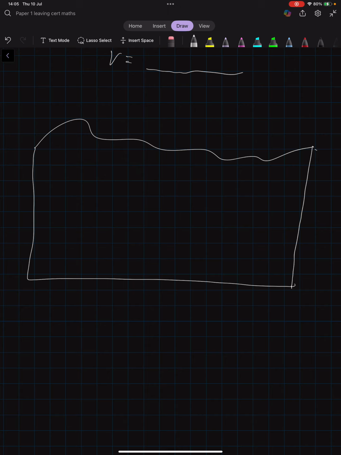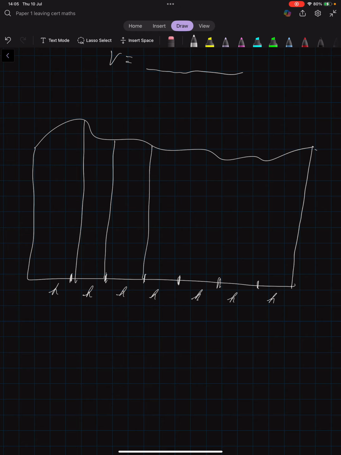But what you can do is put little gaps here, where all of these have a length h. And you can make trapezoids out of these. Okay?